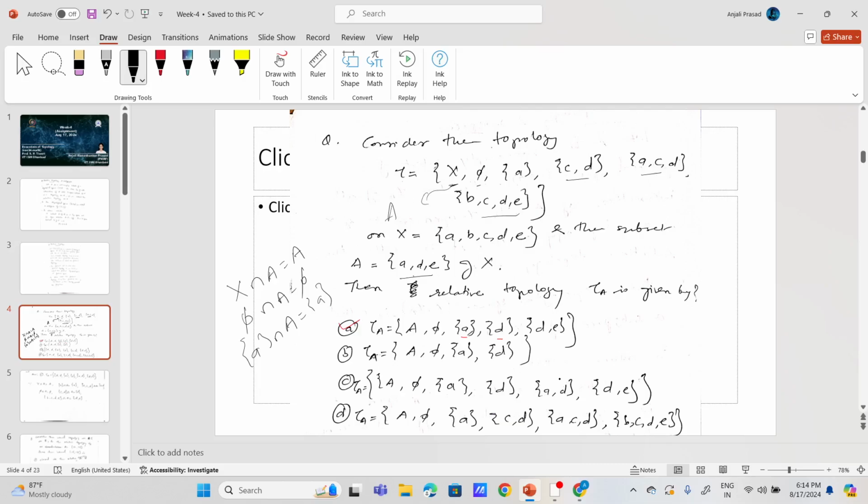And then tell me which option will be correct. Are you getting it? Just take the intersection of each of these open sets with A one by one and see which of the following sets you are getting. Okay. Try it.